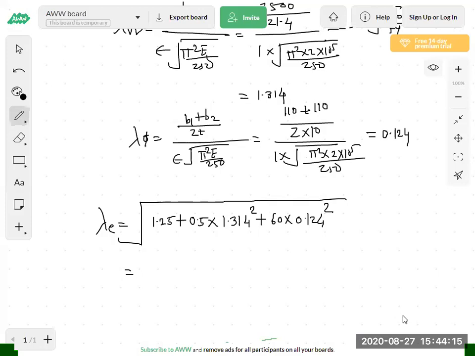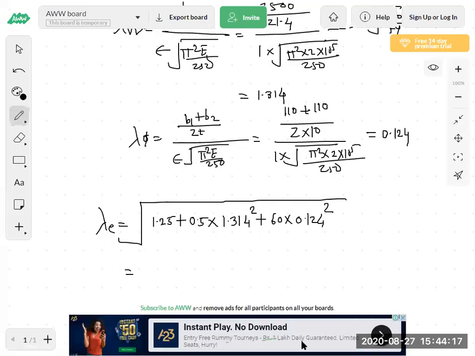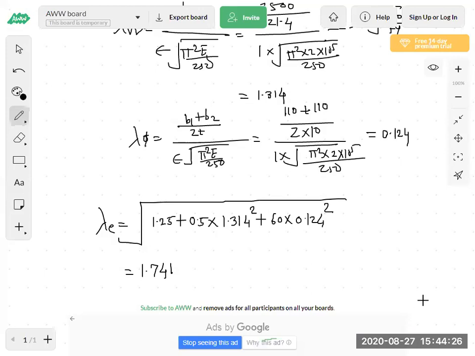1.742. Okay. The slenderness ratio has no unit.